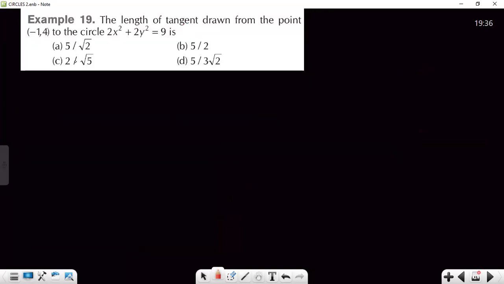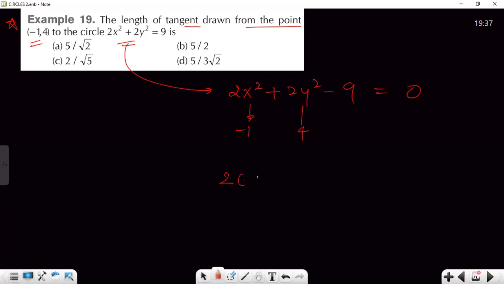I repeat that these types of questions are repeated in previous years. The length of tangent drawn from this point to this circle. First we make the right hand side 0. Now we'll replace x with -1, y with 4, and take its square root.